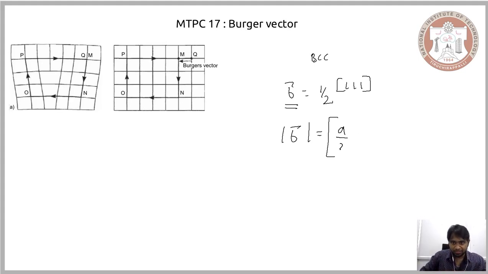So we consider a by 2, square it for each of these directions, and then take the square root of it. In this way we have calculated the magnitude of the Burgers vector.